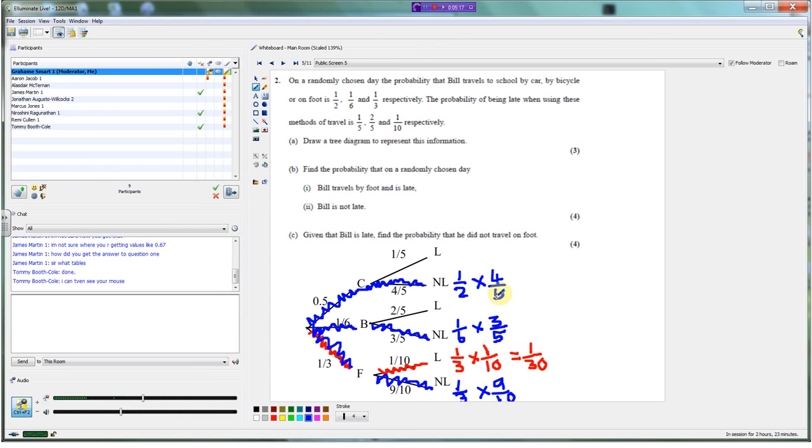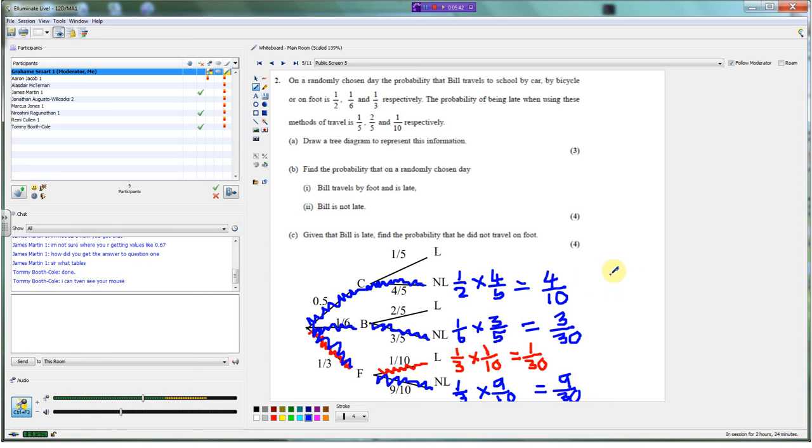Okay, so we've got three possibilities here, so we need to work out the probability of each. Here we'd have 4 over 10, here we'd have 3 over 30, and here we'd have 9 over 30, and we'd need to add all of these together and simplify.